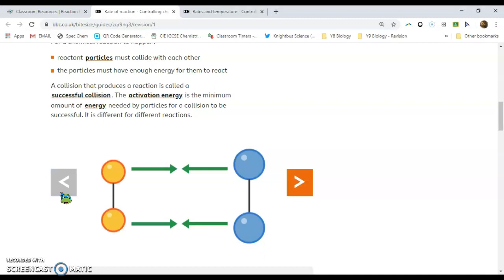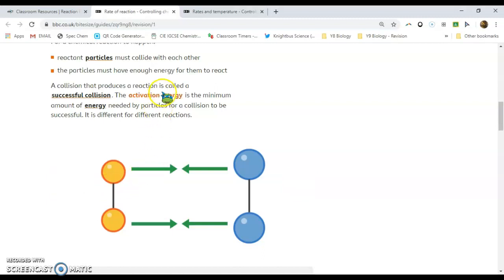Now, the reason why they have to have a set amount of energy is as a result of adding up the energies of the two reactant molecules. The reason why we need to have a set amount of energy is because we need to overcome what's called the activation energy gap.